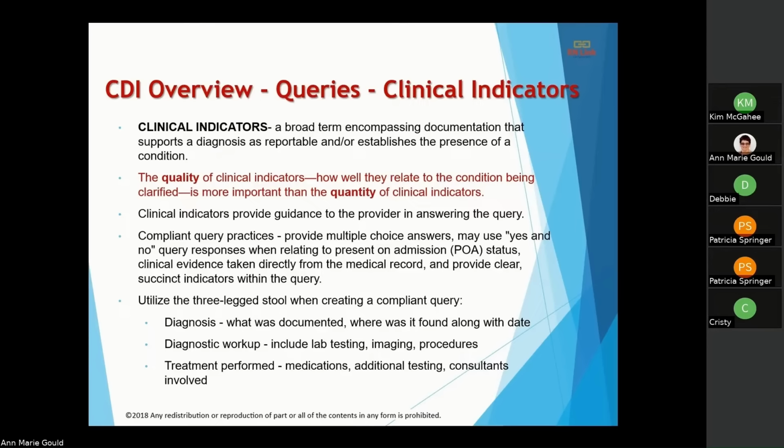It doesn't have to be set up like bullet points. You know, your diagnosis, where was it documented, by whom, a diagnostic workup, treatment, but you can summarize it all within a query and keep it short, sweet, and to the point. I think it's really important that you don't need to write a book when it comes to writing a query. I think that's the goal.